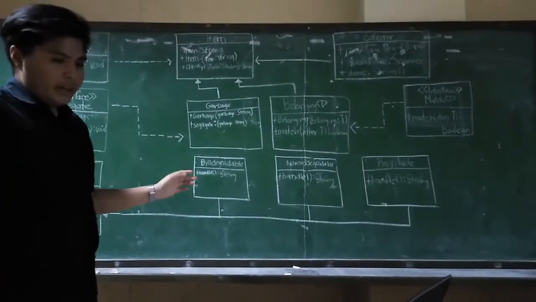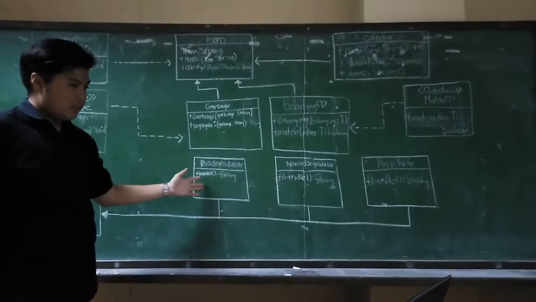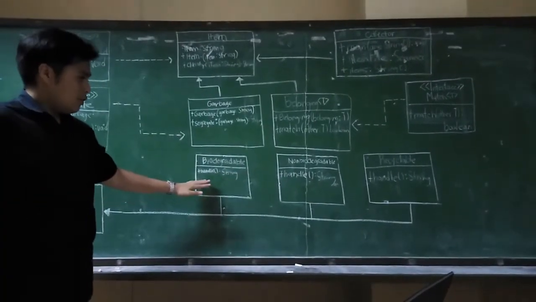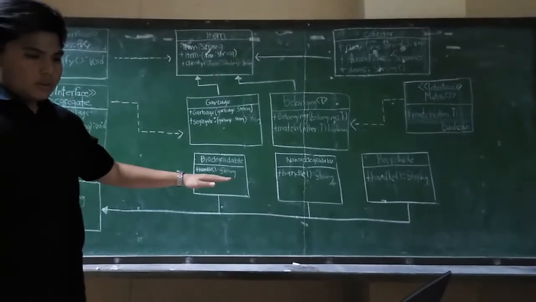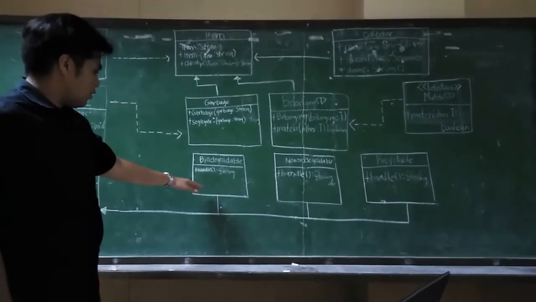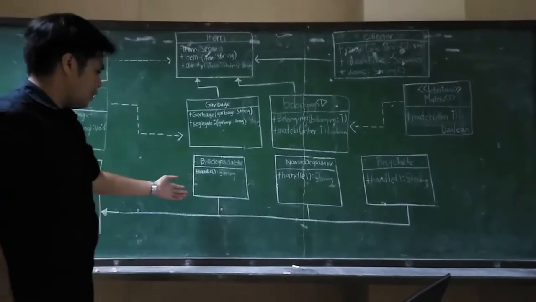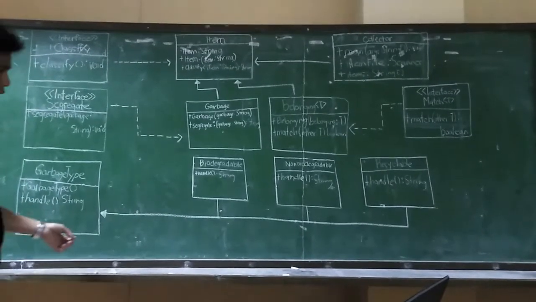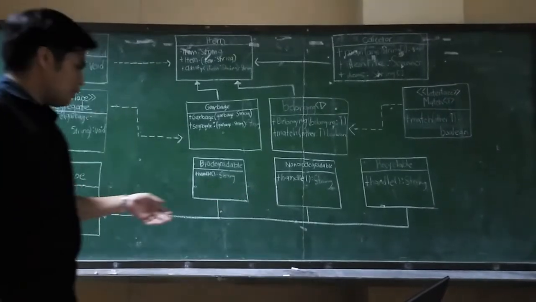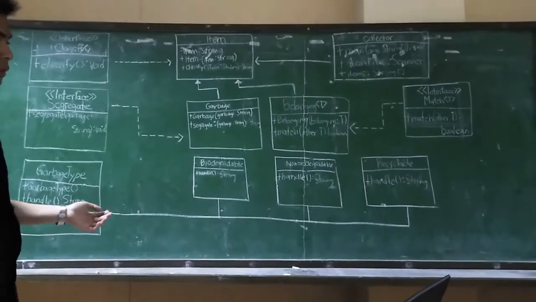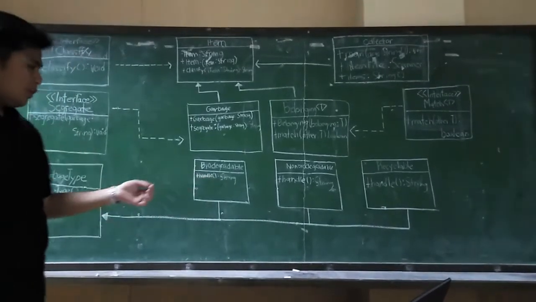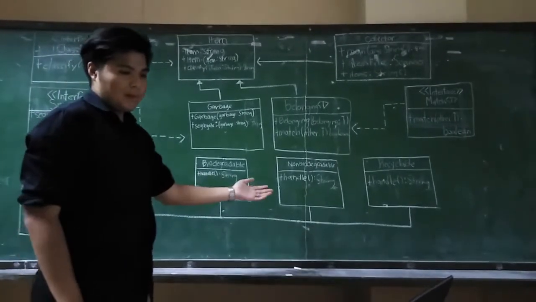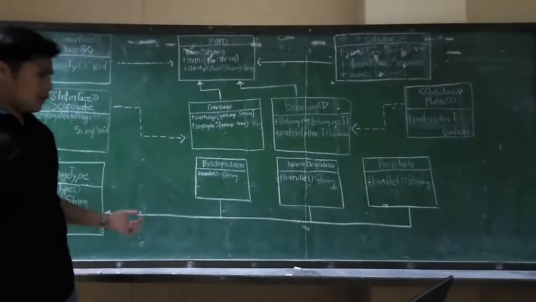Based on the returned string, it will cast the garbage object into these three types: bio, non-bio, or recyclable. If the returned string is biodegradable, it will call the handle method from the garbage type abstract class. If it's non-biodegradable, it will also call the handle method from the garbage type abstract class, and if it's recyclable, it will also call the handle method. But these three have their own implementation of the handle method from the abstract class.